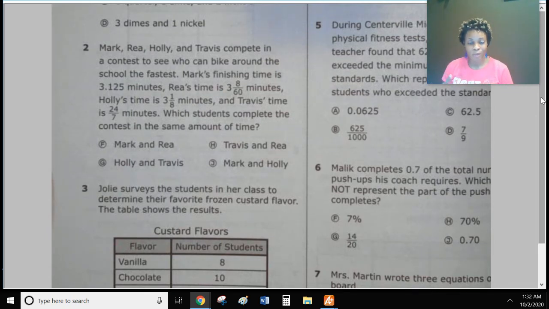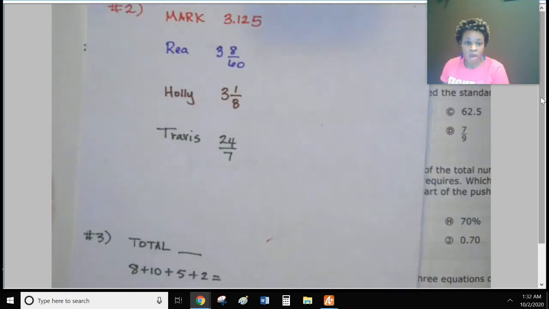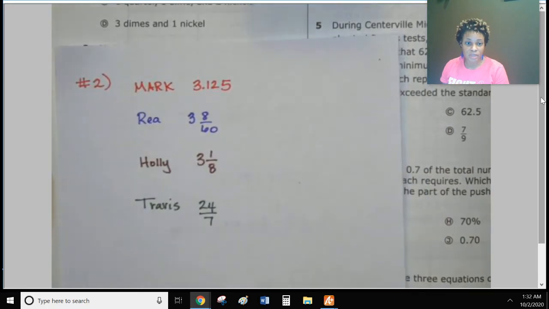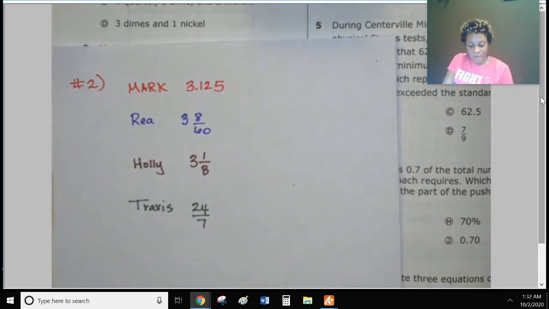Well, now we know how to do all those things. We know how to make an improper fraction a mixed number. We know how to change those mixed numbers to decimals, hopefully, and we know how to change those decimals to fractions. So we know how to combine all these things. So I took the liberty of jotting down these important points, and we're just going to start looking at them.